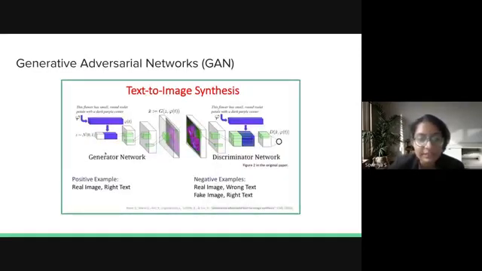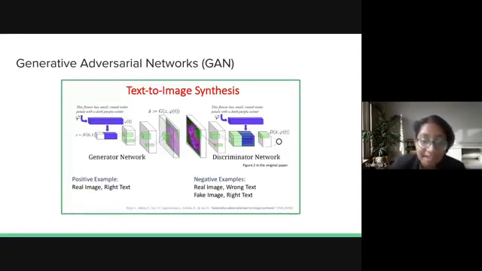So the generator network generates both the image and the text, and the discriminator network suggests whether it is correct or wrong. So the positive example is real image, right text, and the negative examples are real image, wrong text, fake image, right text, and so on.